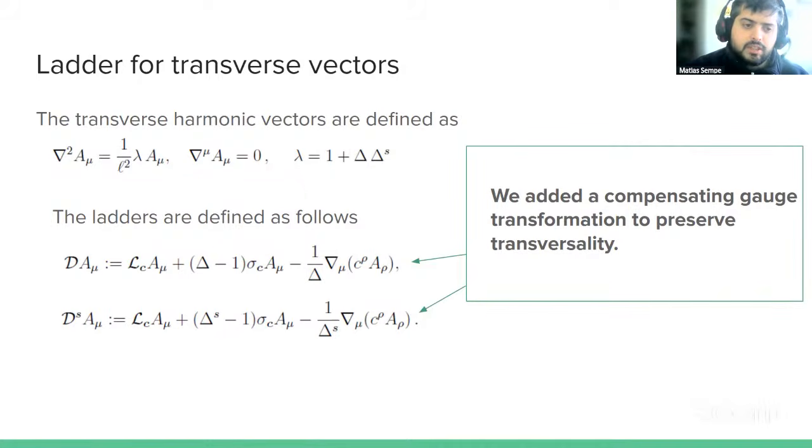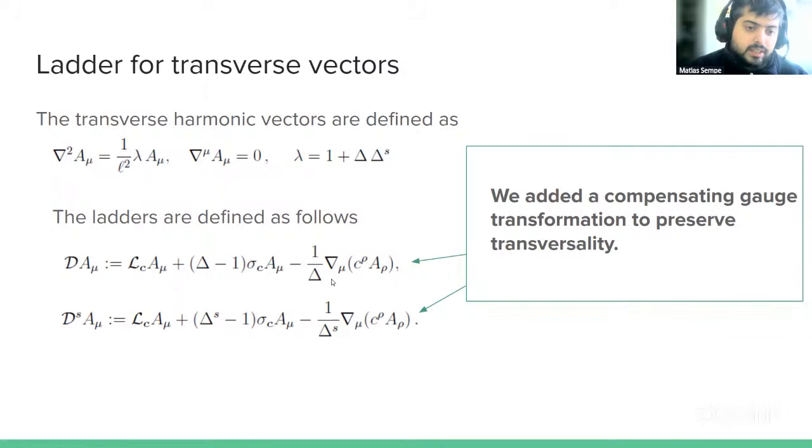So what happens if we have to do ladders, for example? First, we parameterize the solution to the Laplace-Beltrami operator as follows. If we take this, we can build these two ladders, raising and lowering, and we see that here we have an additional term. This additional term is the compensating factor to stay in transversality. It cannot usually be erased.